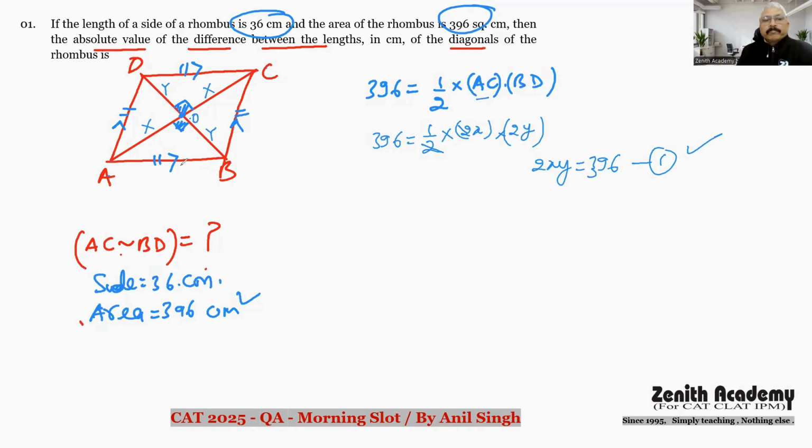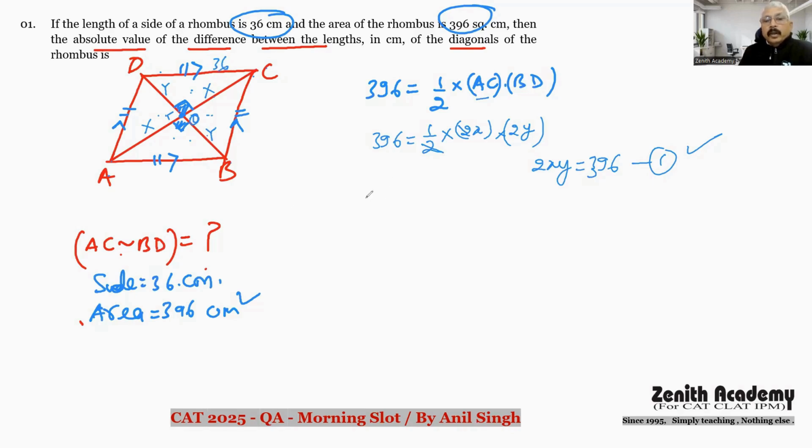And here, in any triangle like OCD, it is a 90-degree angle, all these 90, 90, 90. So all these 4 triangles are right angle triangles. Okay, so take any right angle triangle like OCD. In OCD, y square plus x square is equal to the length of the side BC, which is 36.